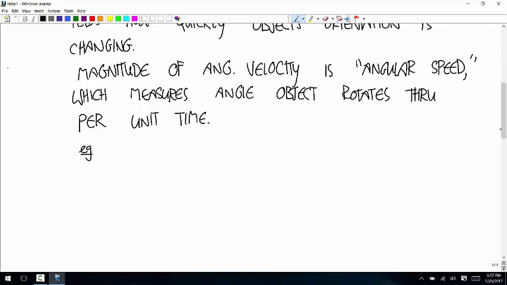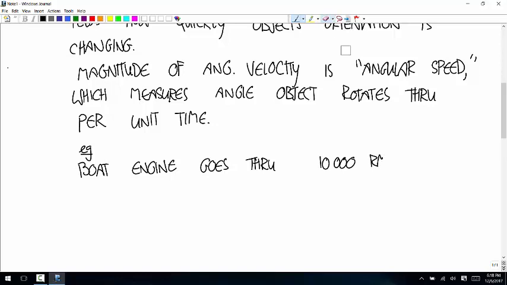Okay, let's say that a boat engine goes through 10,000 rotations per minute. I don't know if that's possible or not. Okay, so 10,000 RPM.